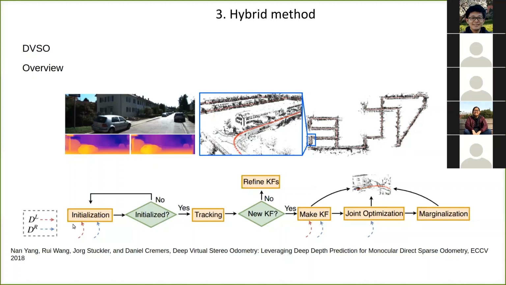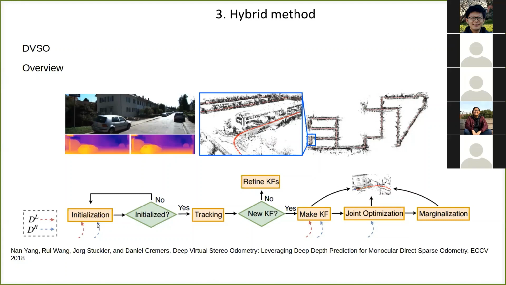Okay, so initialize it. So one of the biggest advantages of using a neural network to do the depth estimation is that you don't need to randomly guess like what LSD-SLAM and DSO did. These two approaches, the traditional direct approaches, will guess camera depths initially and randomly initialize these depths.